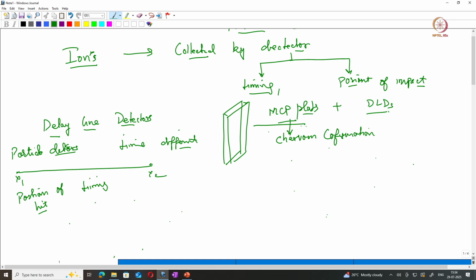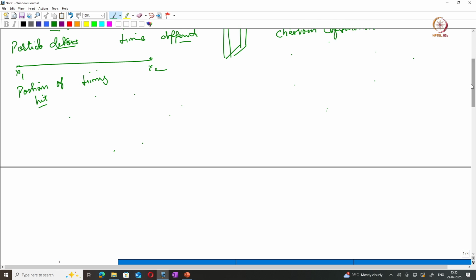If you see the stepwise function of this, the first is signal generation. When a particle, an ion, an electron or a photon strikes the detector, it generates a charge pulse, which you can call a charge pulse or electrical pulse.